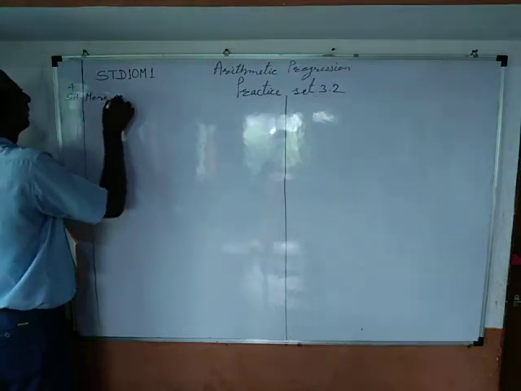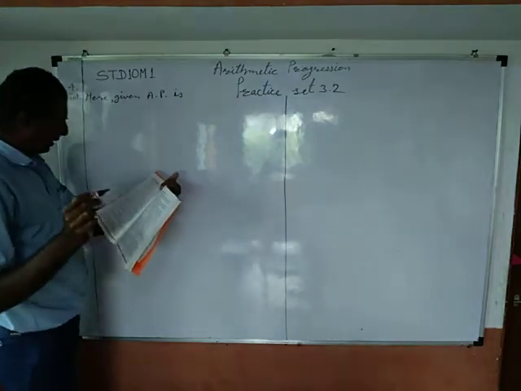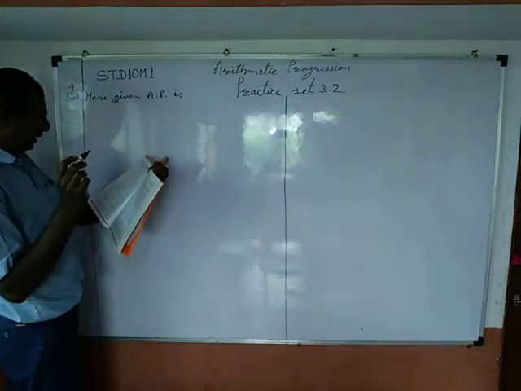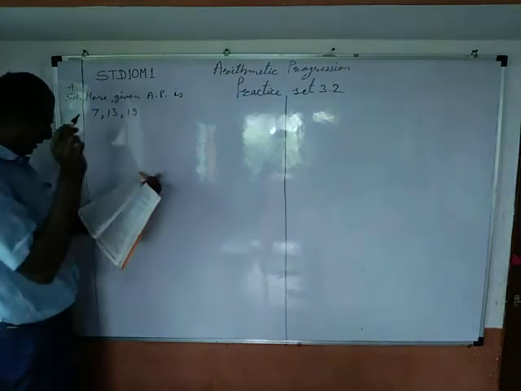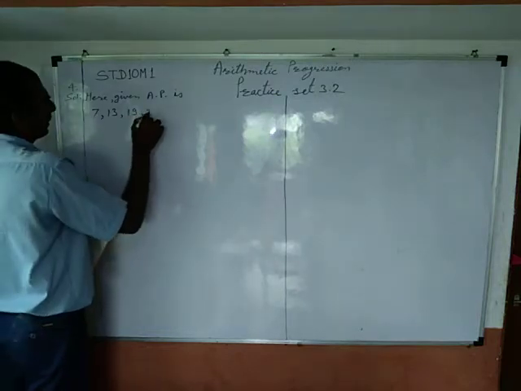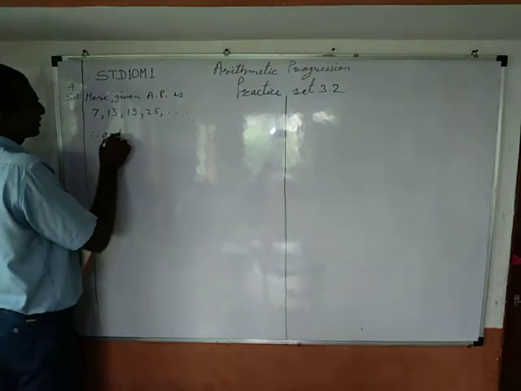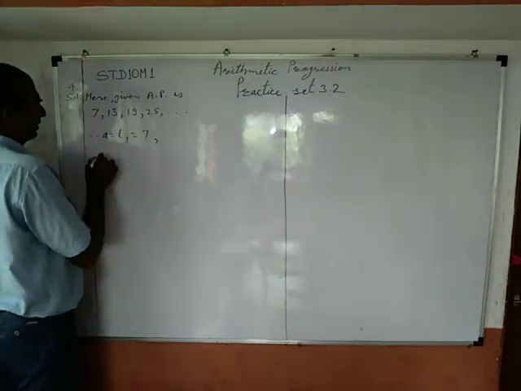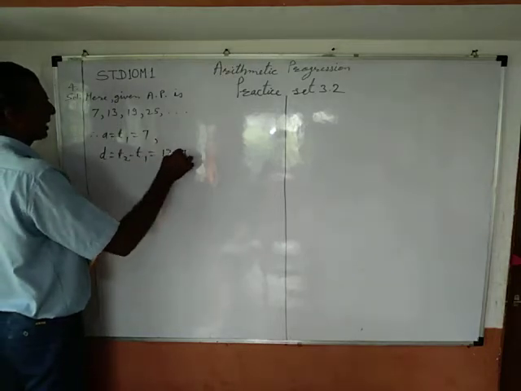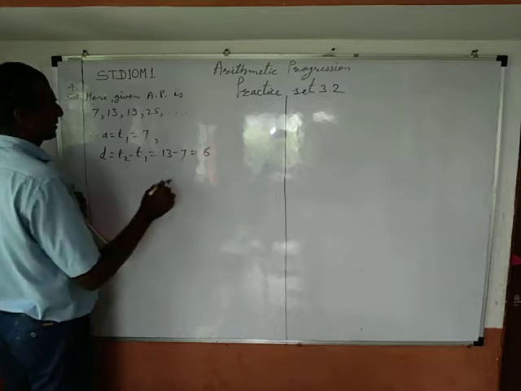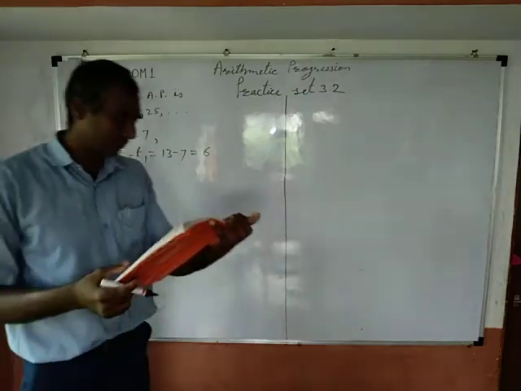Here the given AP is 7, 13, 19, 25 and so on, and therefore A equals T1 equals 7, D equals T2 minus T1 equals 13 minus 7 equals 6.